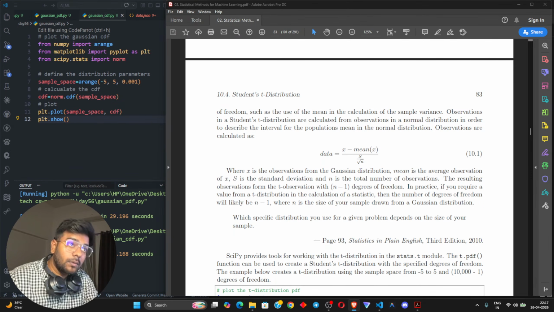A distribution, observations are calculated in order to describe them.